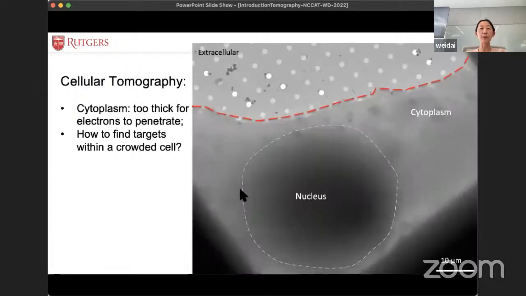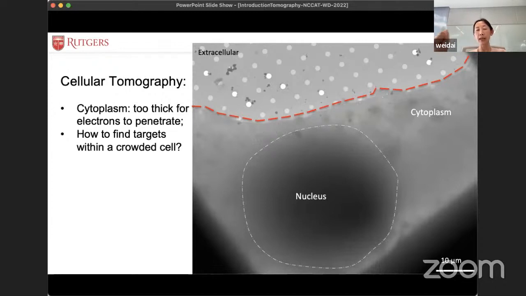So for example, I'm here showing you a cell plated on an EM grid, as I introduced earlier. And then I use the dashed lines to show you approximately where the nucleus is and where the cell membrane, plasma membrane is. So for example, at the cell periphery regions, you can almost clearly see the hole underneath, right?